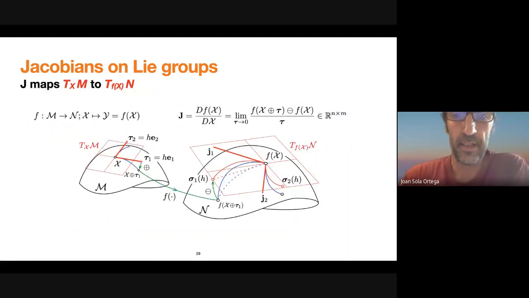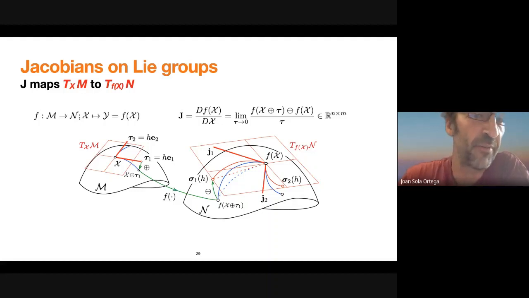Okay, a little drawing here that I don't know if it's going to be clear or more confusing. I'm not sure. But what we did is that on the left, we have a manifold M, where the elements X live. That's the departing space of the function f of x.